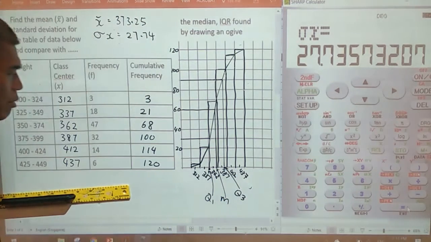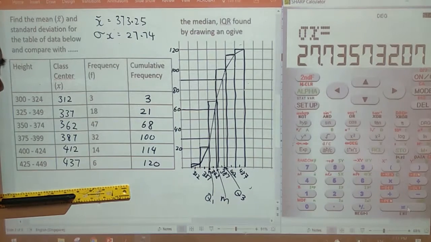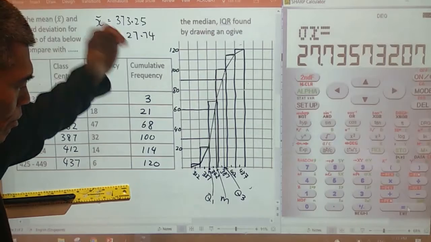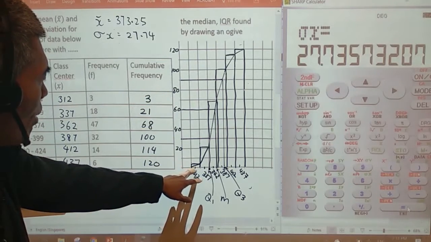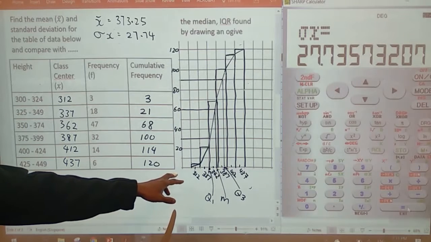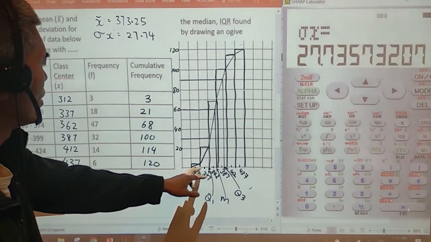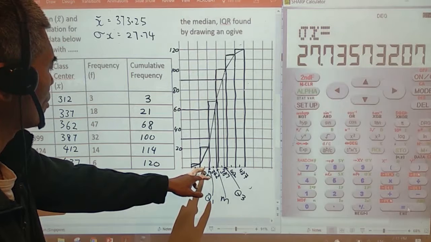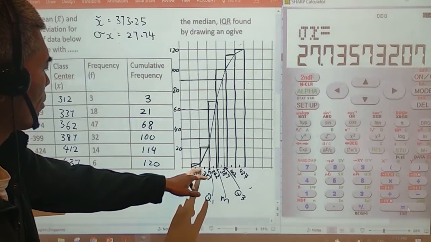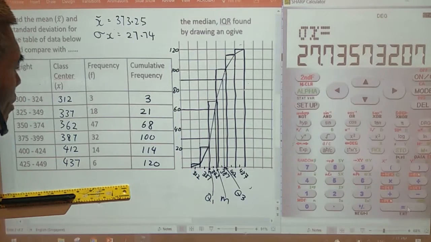Now let's estimate what these values are. We bear in mind that there is a difference of 24 from one class center to the other. So the midpoint between each of the class centers is about 12.